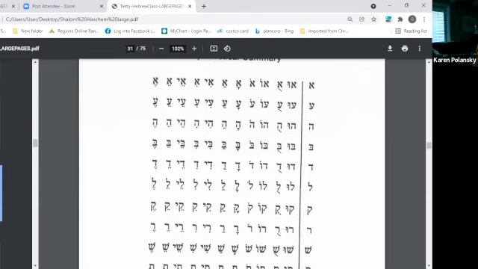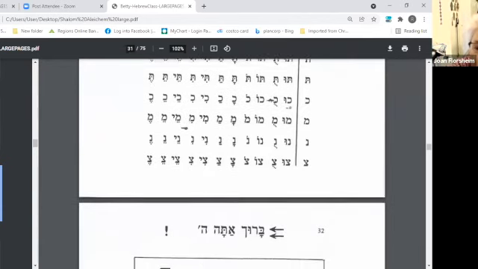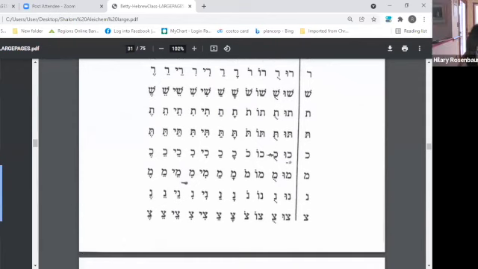Everybody there? Any questions? I'll bring it up to get our newer letters. Reish. So that's Reish above the Shin. And then the one above it was the Nun.